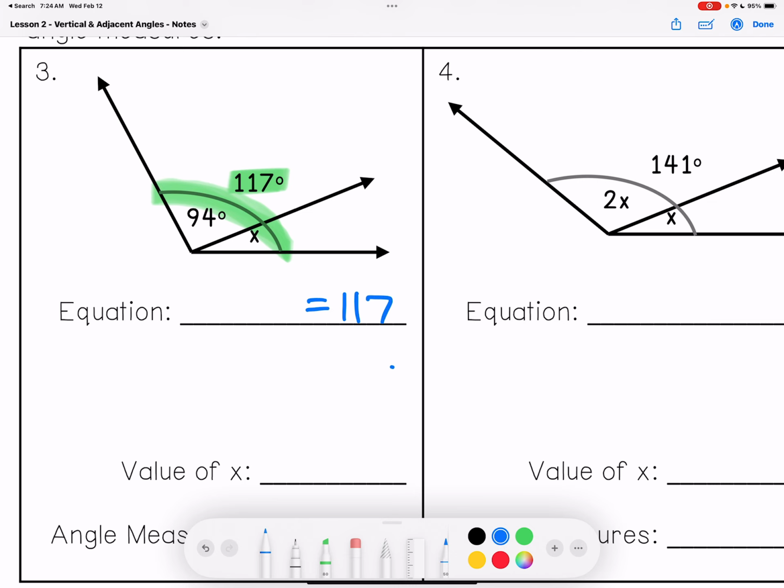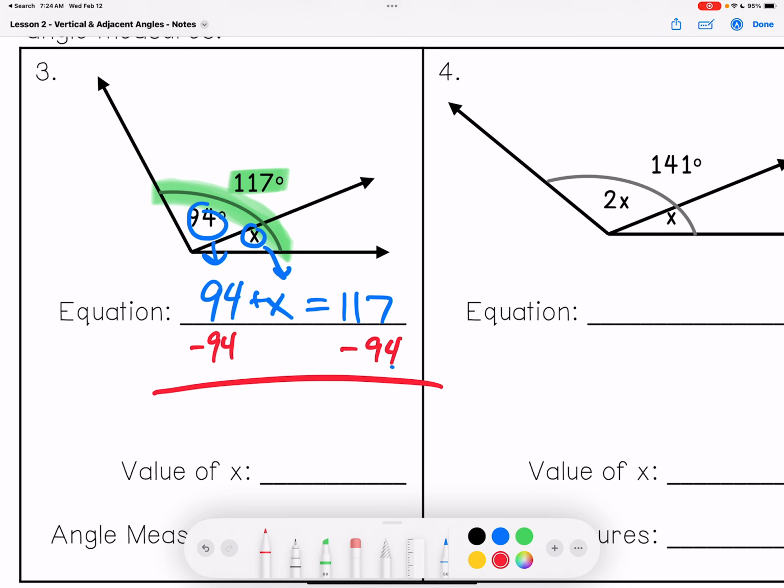We know that one side is 94, and we know the other side is x, so we need to add them together. I can't add x, so I end up having to do what? Subtract 94. And I'm left with x equals 23 degrees.